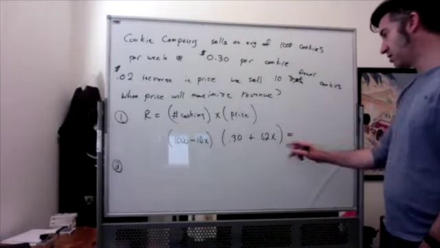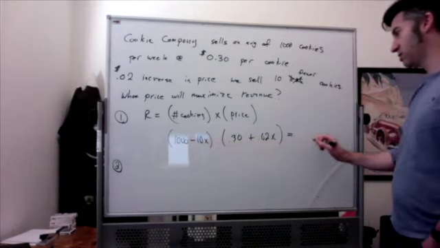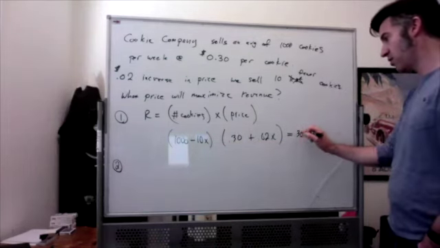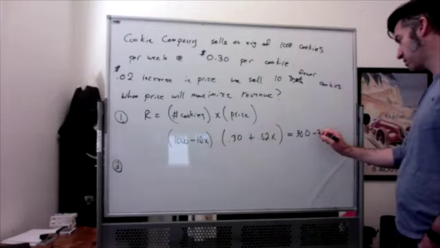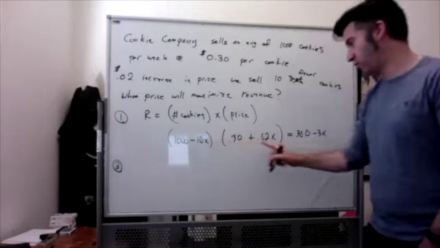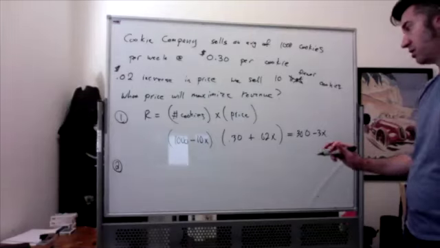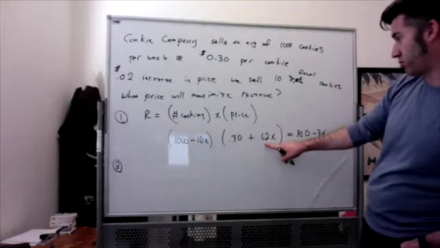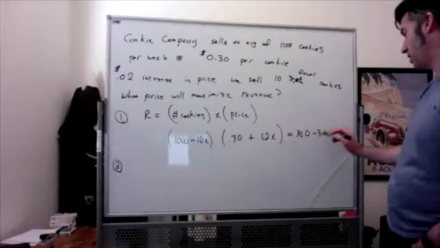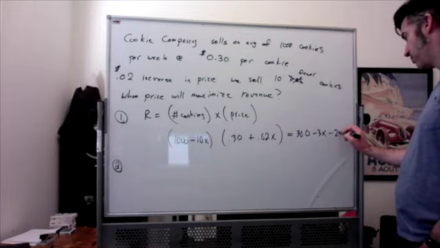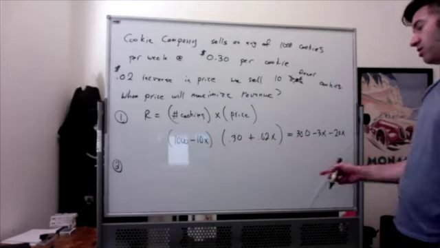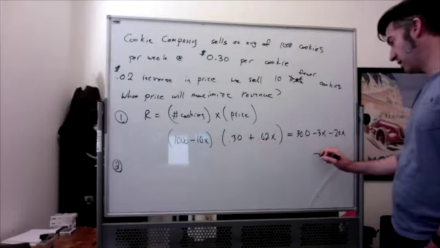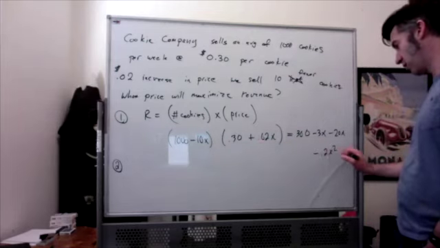This is going to be 0.3 times 1,000, so 300. 0.3 times 10x is minus 3x. 1,000 times 0.02x is going to be, let's see, 20x. And then minus 10x times 0.02x is going to be minus 0.2x squared.